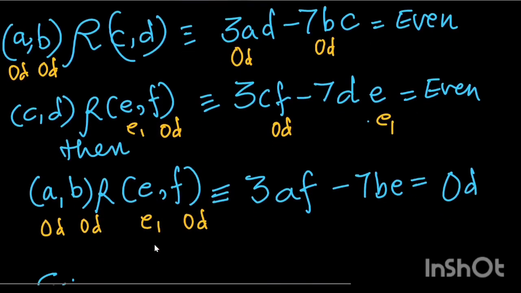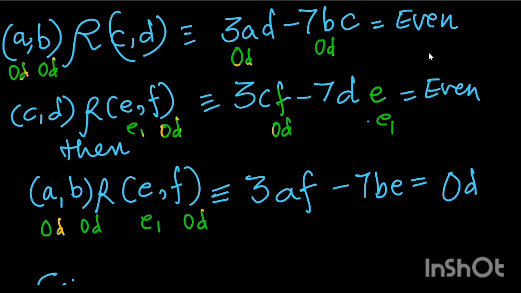If ab is taken to be odd, and ef is taken to be even and odd, we will write here odd for ab, odd for a and b, and even for e, odd for f.